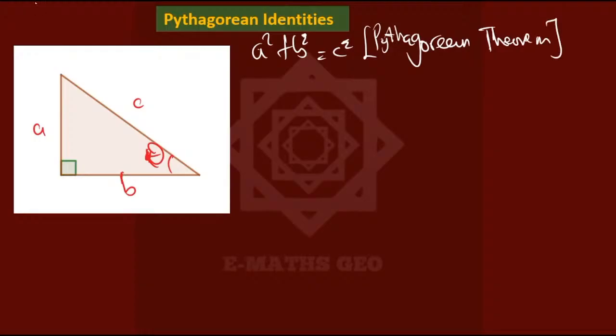Now, the Pythagorean identities. We have 3 of them. The first one is sine squared plus cosine squared is equal to 1.